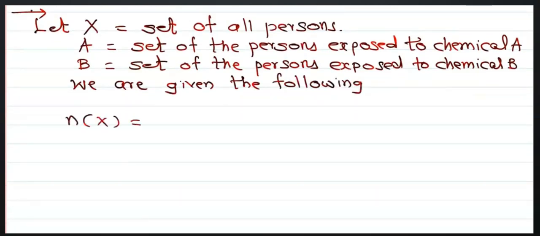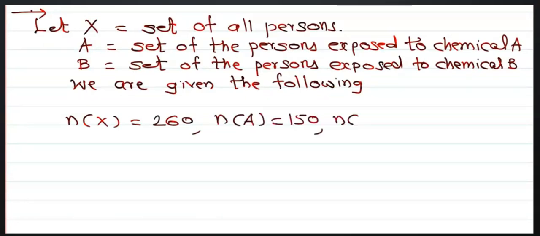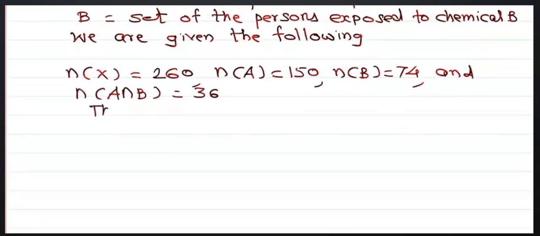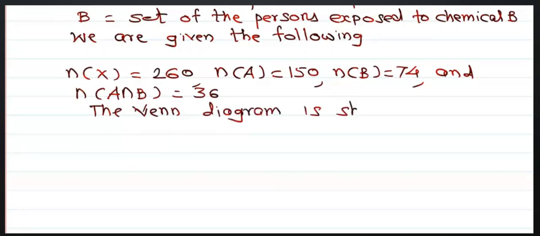N of X is equal to 260. N of A is equal to 150. N of B is equal to 74. N of A intersection B is equal to 36.